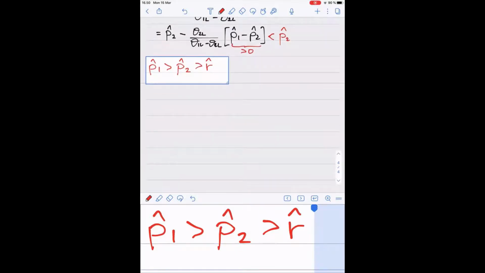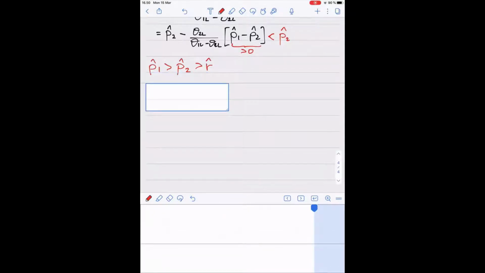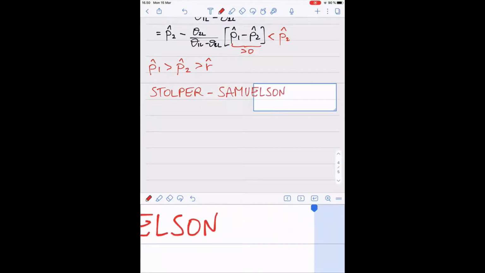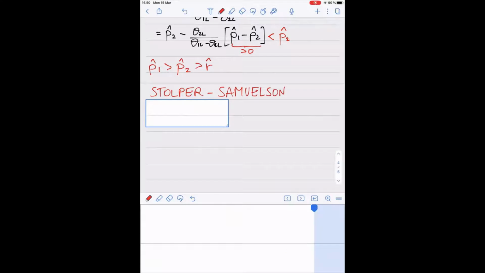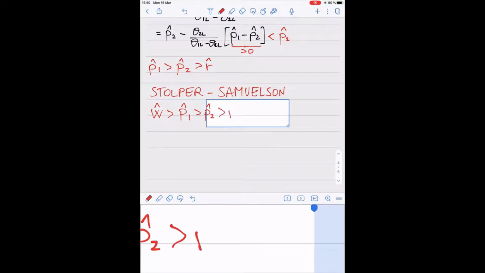And so this is the Stolper-Samuelson theorem. So what we have is W hat is greater than P hat 1, greater than P hat 2, greater than R hat.